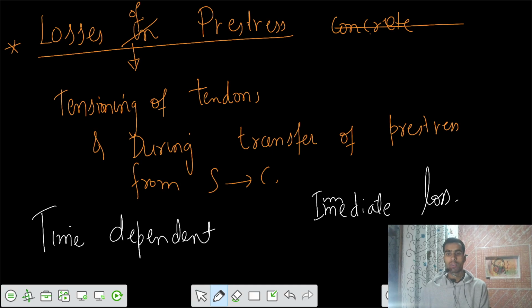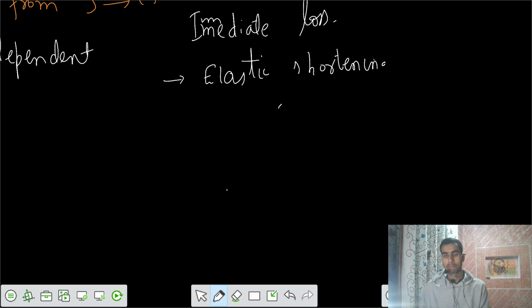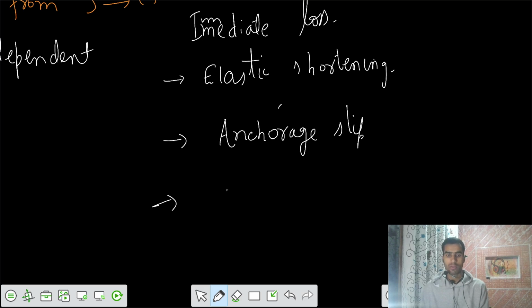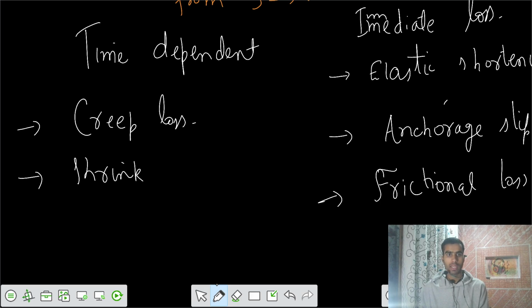If we talk about immediate losses, one is elastic shortening, number two is anchorage slip, and the third one is frictional loss. On the other side, time dependent losses include creep loss, shrinkage loss, and relaxation losses.